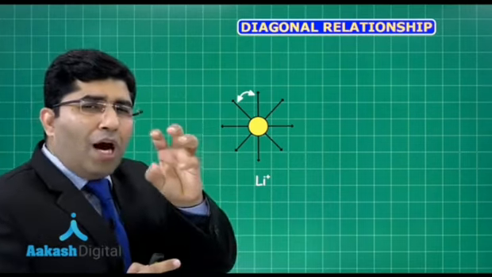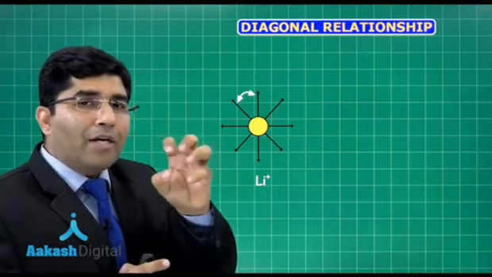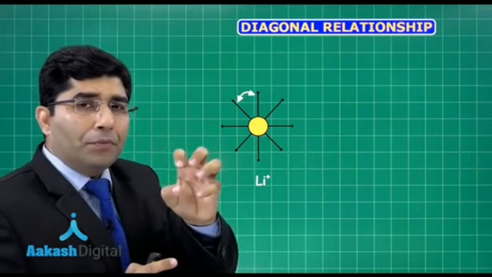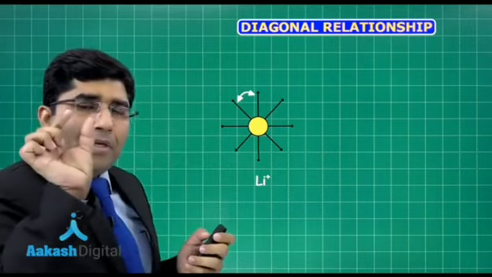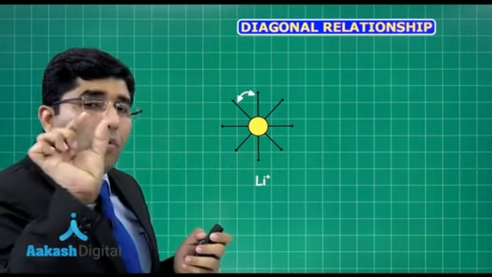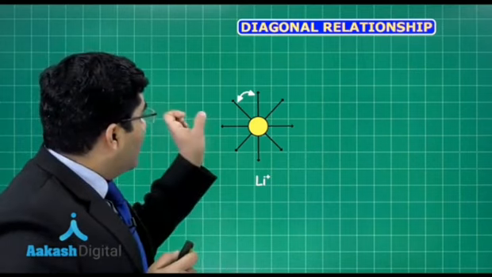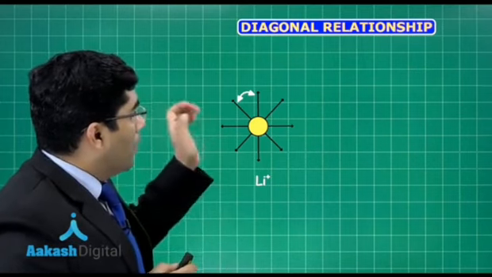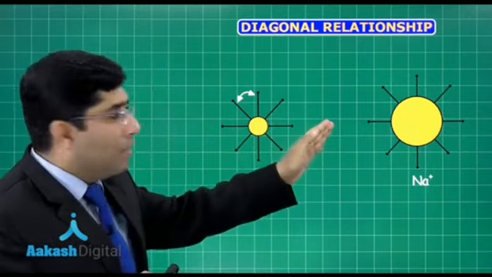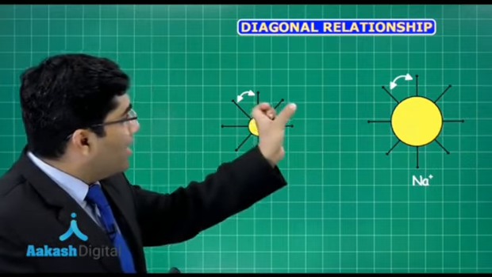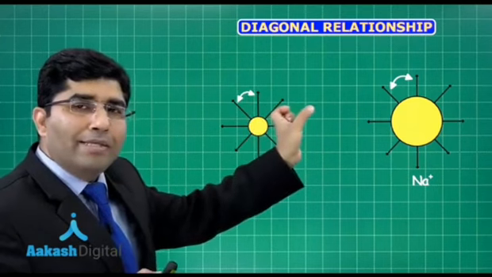The correct word is charge density. So the charge density determines the gap between the two lines of electric field. But if we talk about sodium, sodium is bigger than lithium. So the distance between the lines will increase, meaning the charge density will decrease.